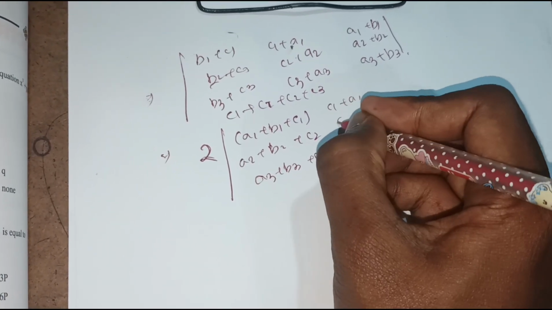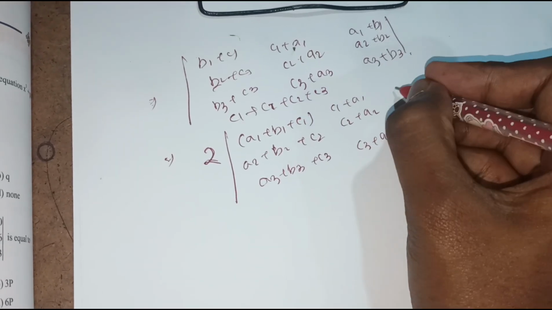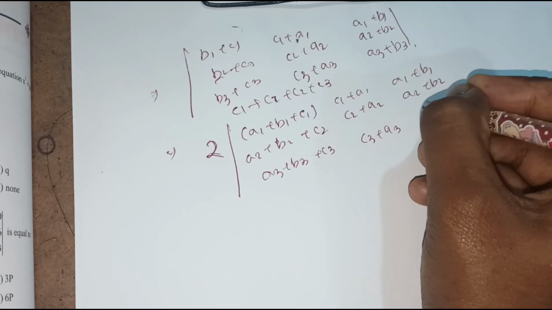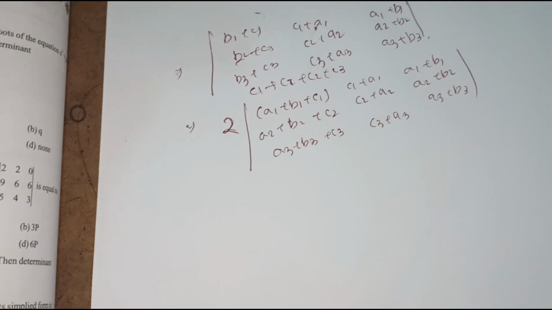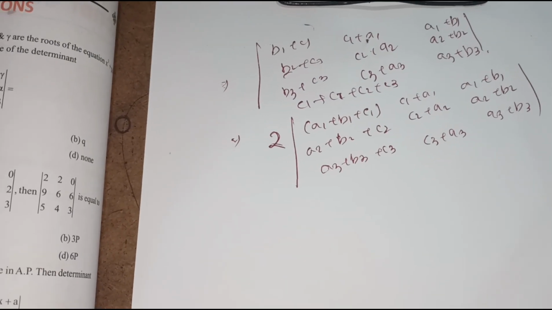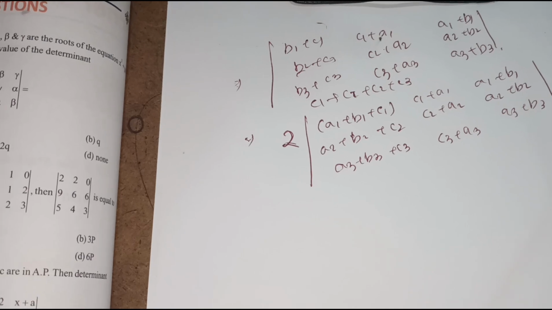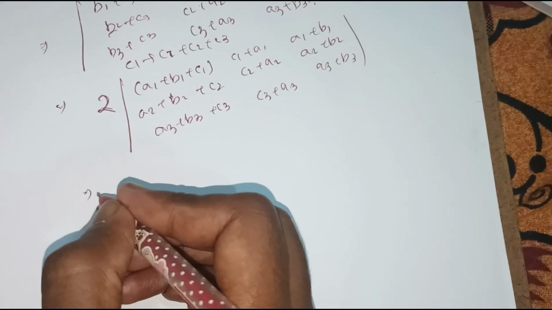Then the other rows remain c1 plus a1, c2 plus a2, c3 plus a3, a1 plus b1, a2 plus b2, a3 plus b3. Next we are going to see how to substitute and do the next steps. Here we will take two row operations.